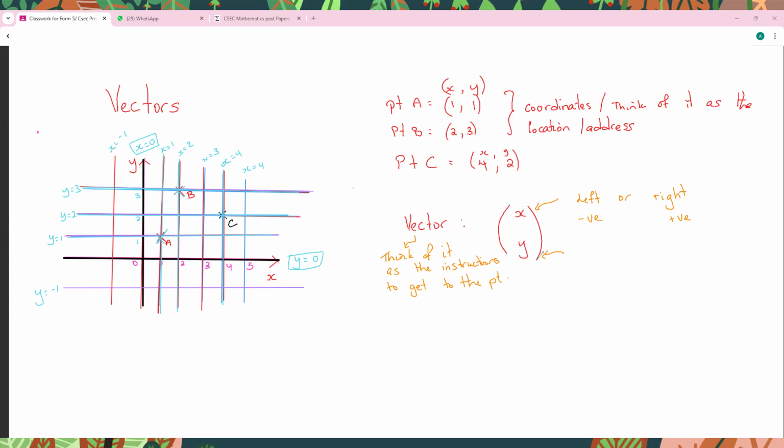Your bottom number, the y, tells you up or down. If y is a positive number, it's telling you that number of places up. And if it is a negative number, it's telling you that amount of places down.